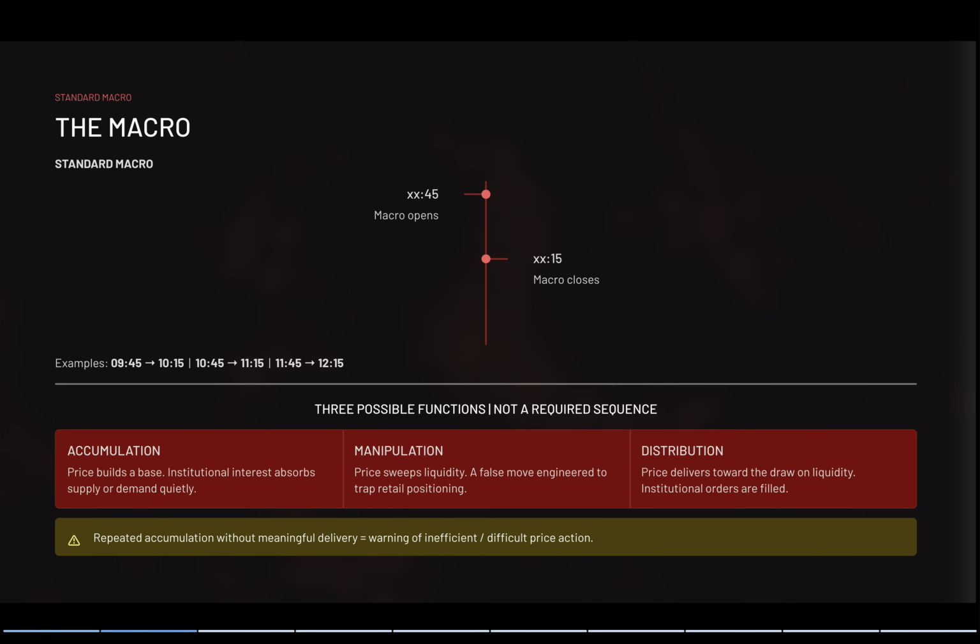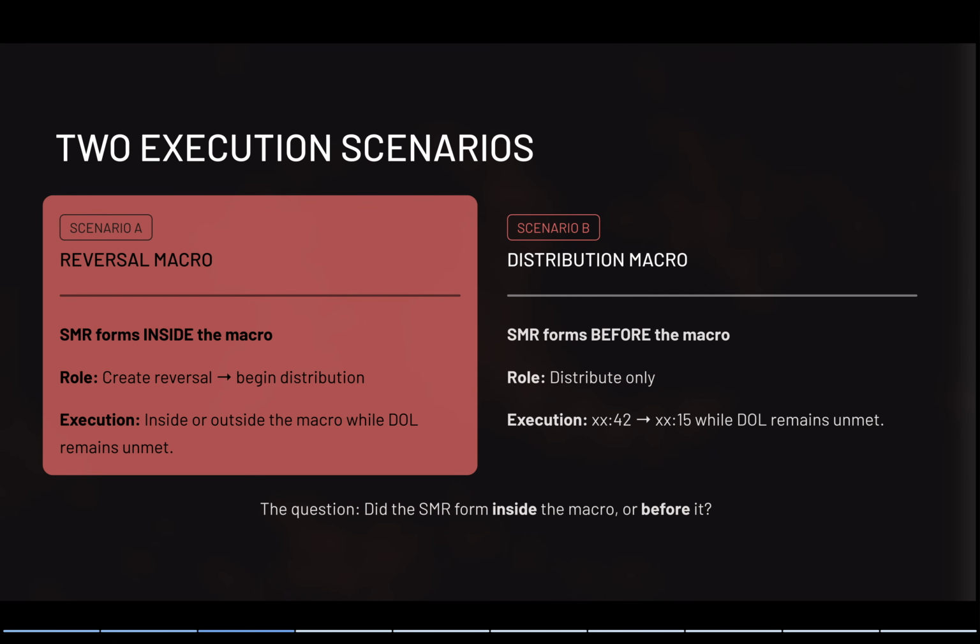That is all the theory we need. The important part is understanding what job the macro is performing. And there are 2 different situations, and confusing them creates most of the timing mistakes. The first is a reversal macro, and in that case, the smart money reversal forms inside the macro. The macro creates the reversal and begins the distribution.